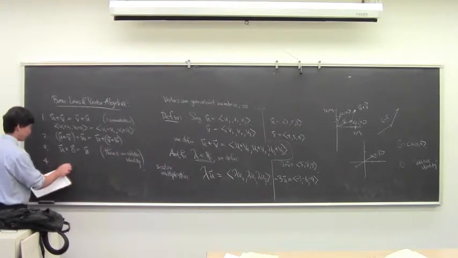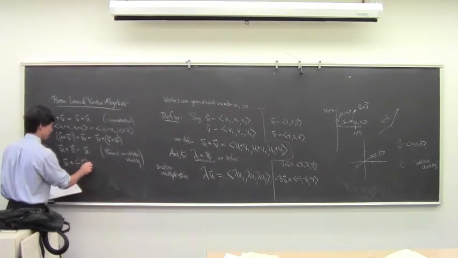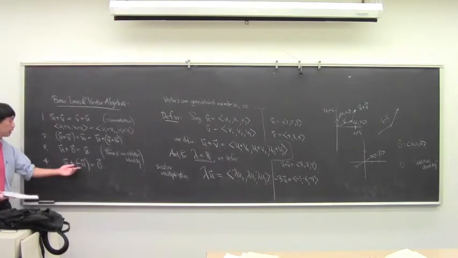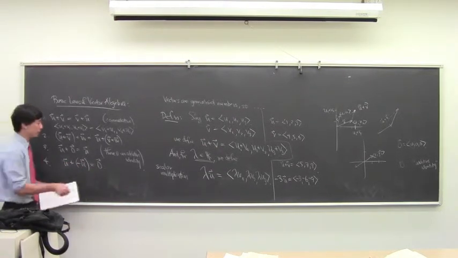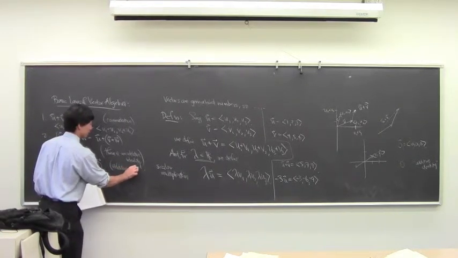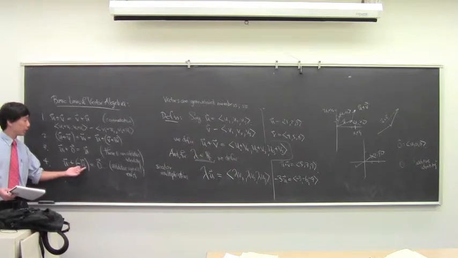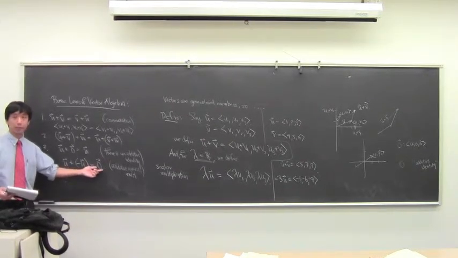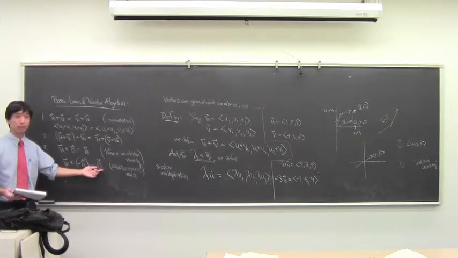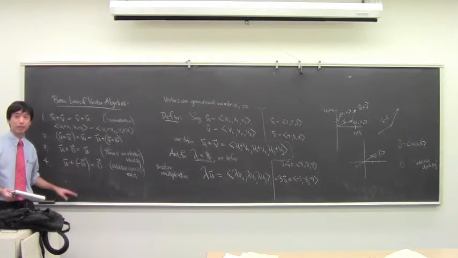Fourth, there exist additive inverses. If given any vector, there's some other vector you can add to it to get back to 0, to get back to the additive identity. The additive inverse is just the negative of your original vector.